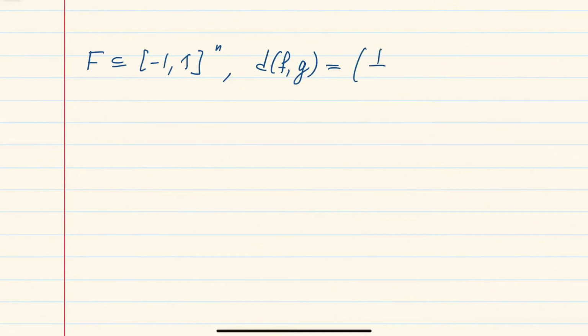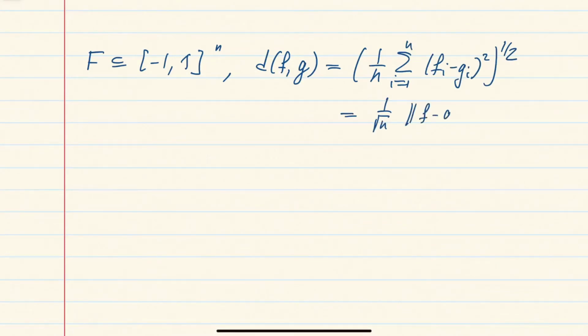So to match better with our calculation, we just rescale by square root of n. In other words, it's just 1 over square root of n times the Euclidean distance between vectors f and g. And then we'll consider the process with these Rademacher random signs as above, which also is called Rademacher process.